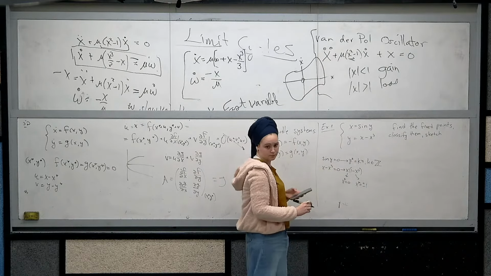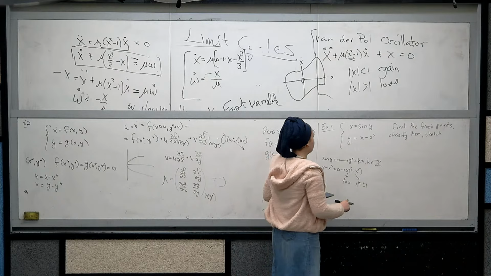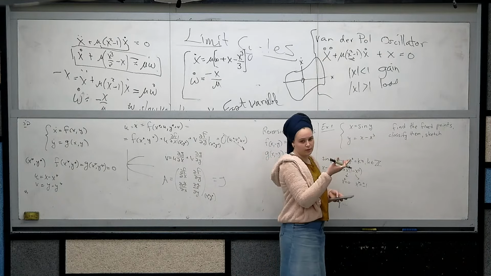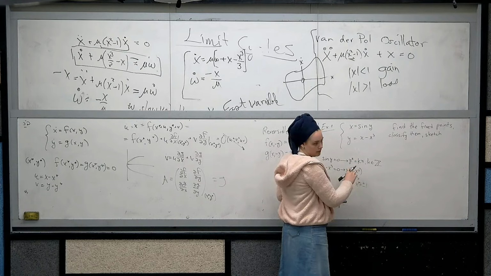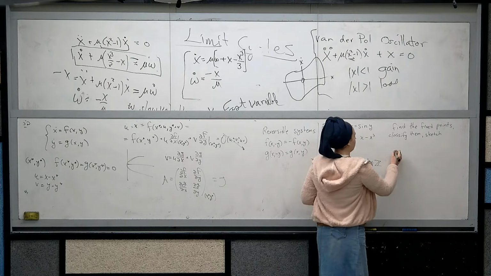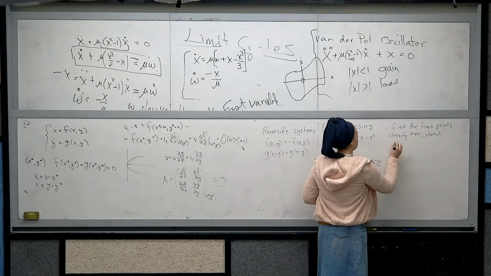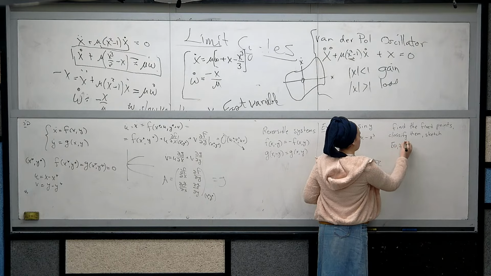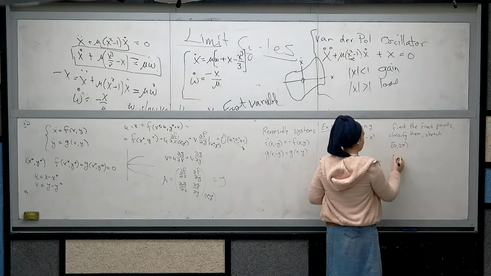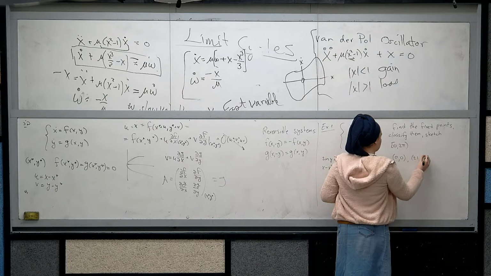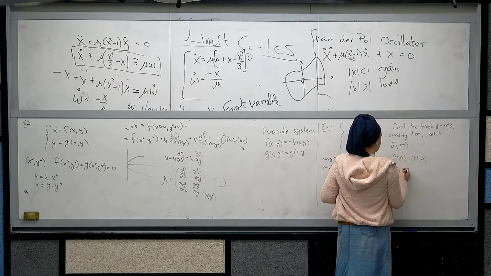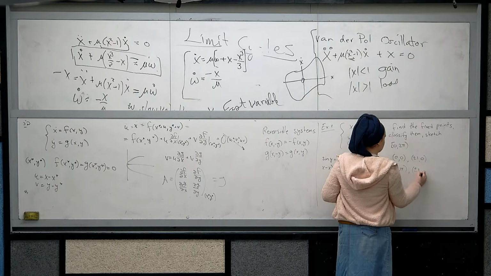Because we have a period, let's look just at 0 and pi. We will look at this region. So we have the points (0,0), (plus minus 1, 0), (0, pi), and (plus minus 1, pi).